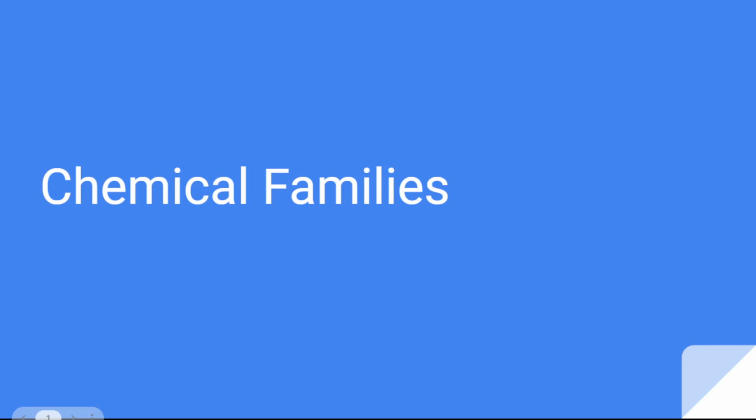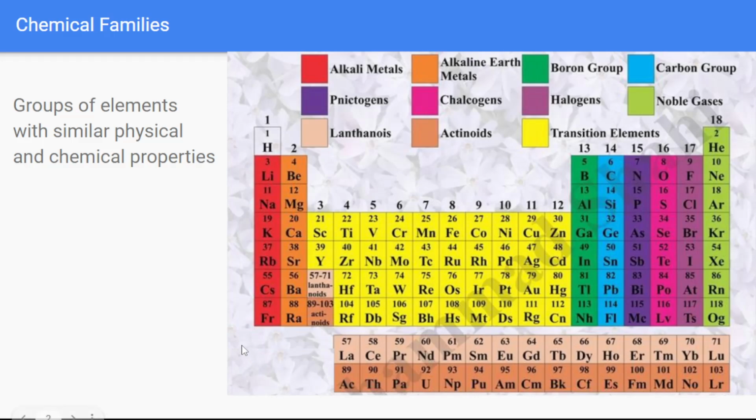In this video, we'll talk about chemical families, the location of those families, and the properties. And so if you look at this periodic table, we have alkali metals, alkaline earth metals, transition metals, the boron group, the carbon group, the pnictogens with a PN, the chalcogens, halogens, and noble gases.